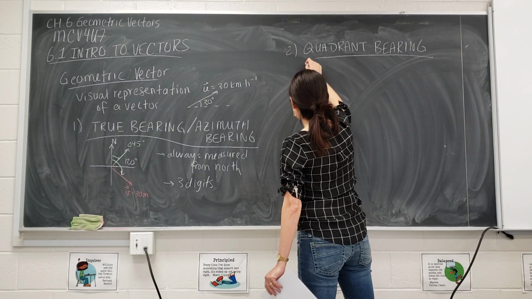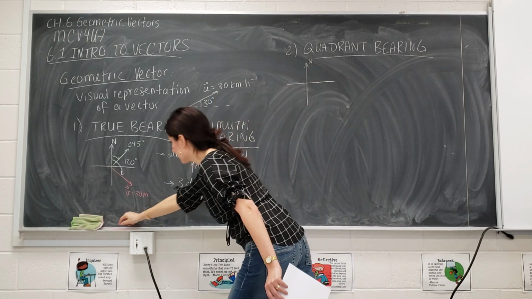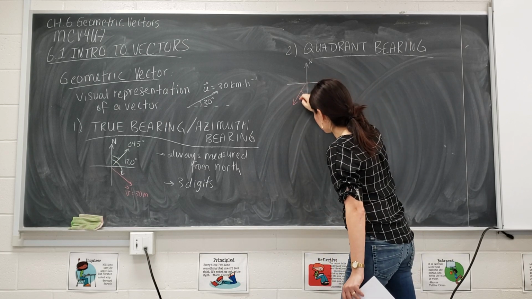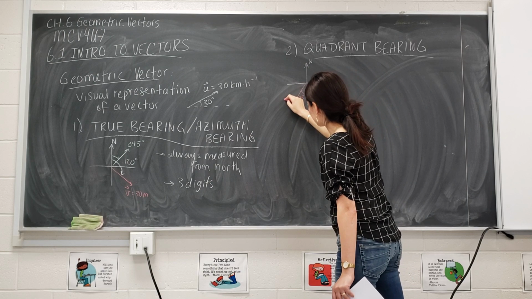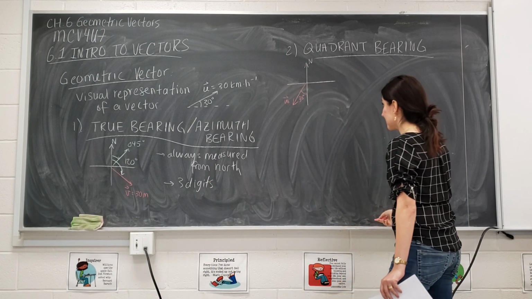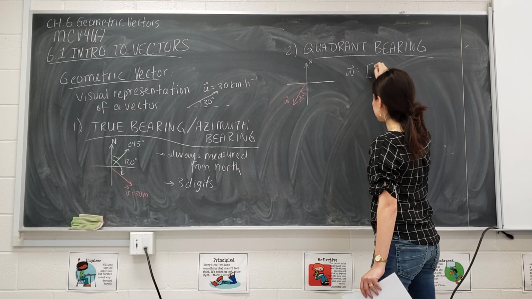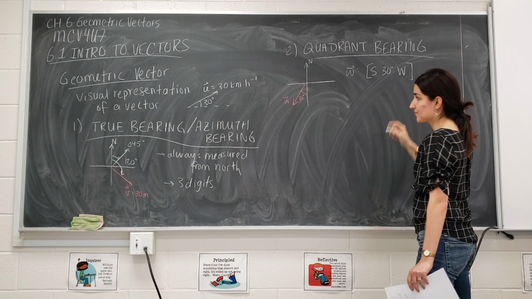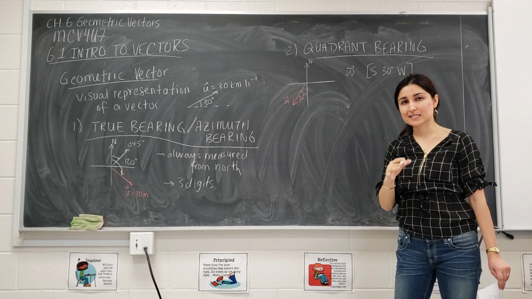So quadrant bearing, let's say I have something like this. Okay, and I know that this angle here is 30 degrees. So this is vector W. Vector W is south 30 degrees west. I would not say west 60 degrees south.